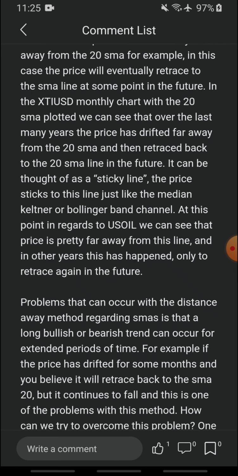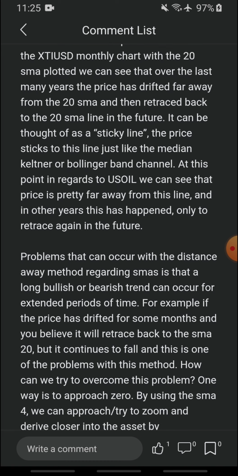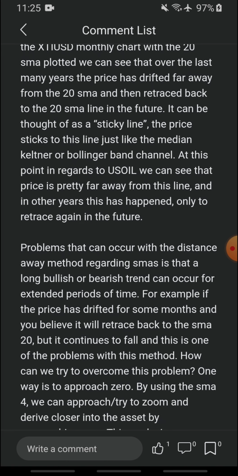I talk about viewing the SMA 20 on the monthly chart of US oil. From the picture that I'll show you in a sec, you can see that over the last many years, the price has drifted far away from the simple moving average 20 and then retraced back to the simple moving average 20 in the future.